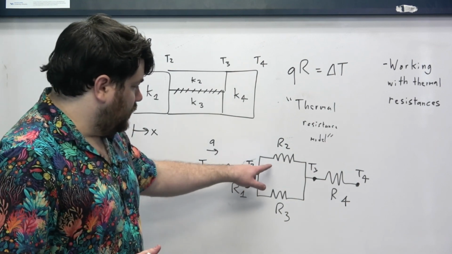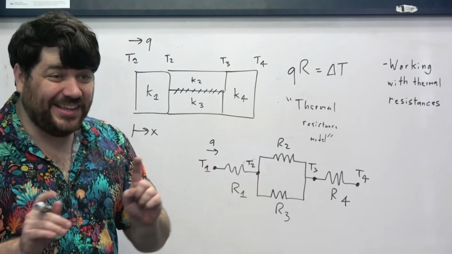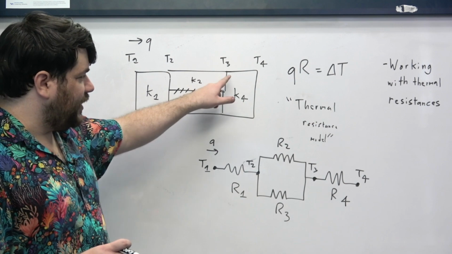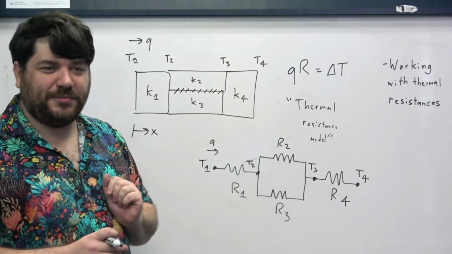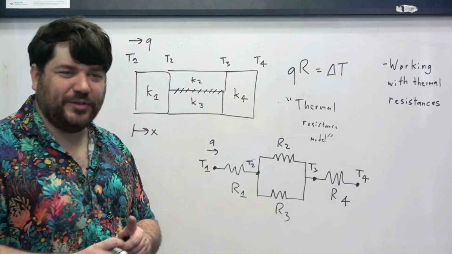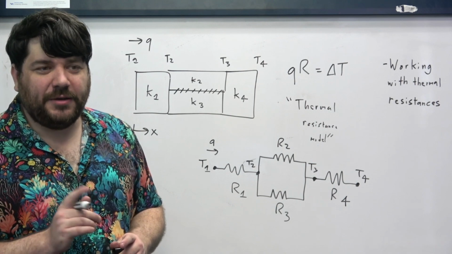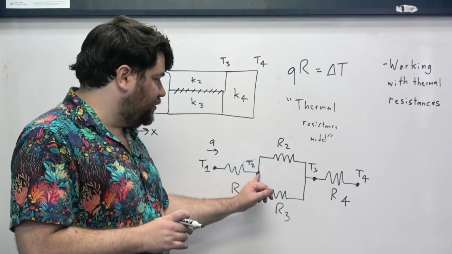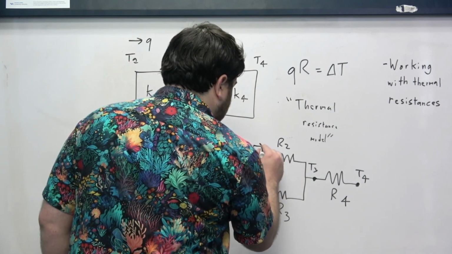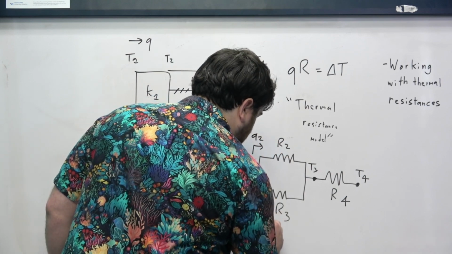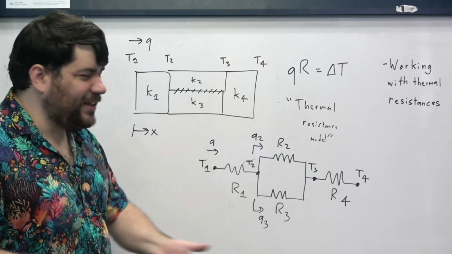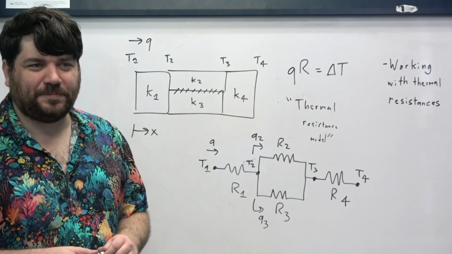Now, these resistances behave just like every other resistance in the sense that the temperature on the left-hand side of this element is T2, on the right-hand side is T3, so we make the same assumption over here. And the same for this third resistance element, R3, right? The thing where it becomes complicated is trying to understand what that Q is, right? So now we're going to get this kind of Q2 and Q3 that's going to show up that we have to calculate using the rules of thermal resistances.